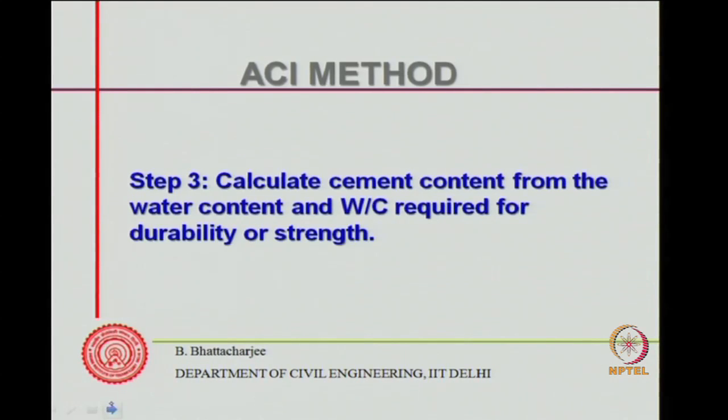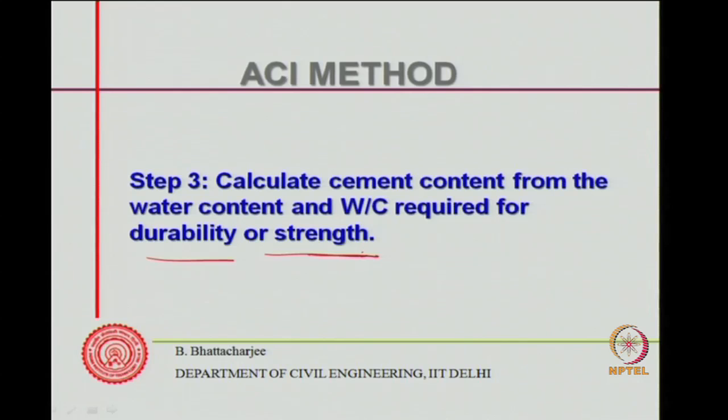So, the next would be to calculate cement content from the water content and water cement ratio required for durability or strength. Well, durability controls the water cement ratio. You have a maximum limit of water cement ratio.